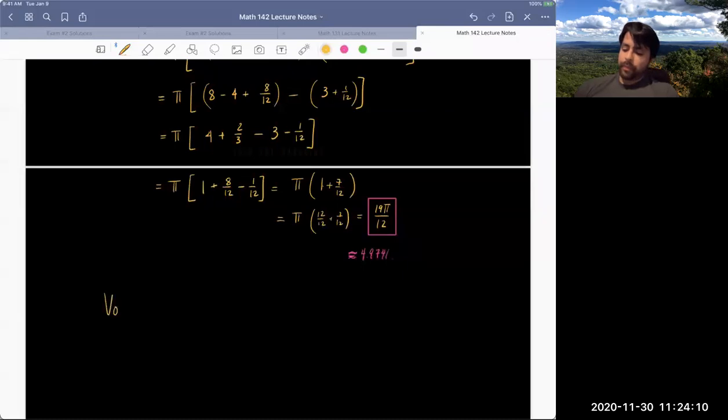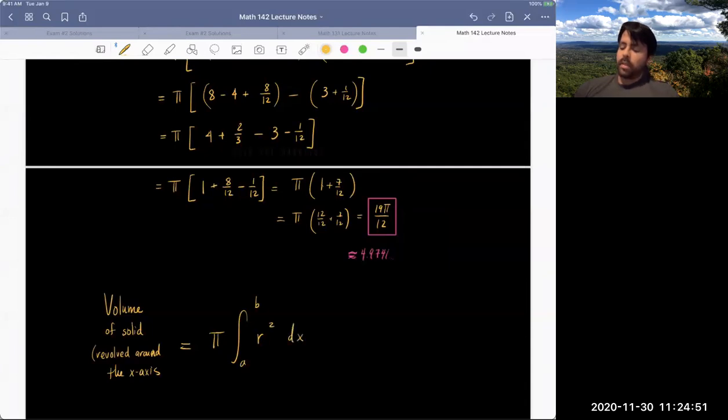So the volume of a solid, when you revolve it around the x-axis, is given by the formula pi times the integral from a to b of r, let me call this the radius, squared dx, where the radius is the function between a and b.